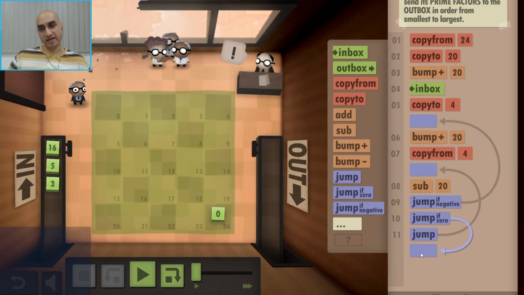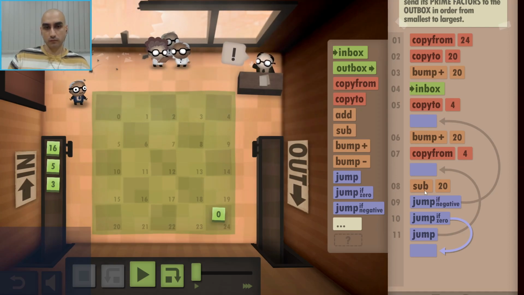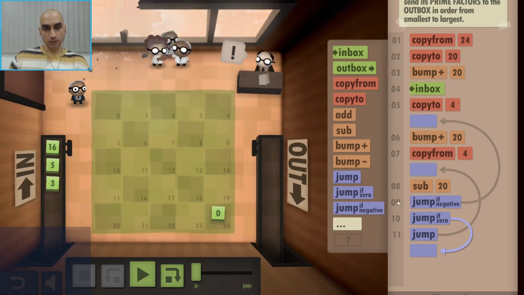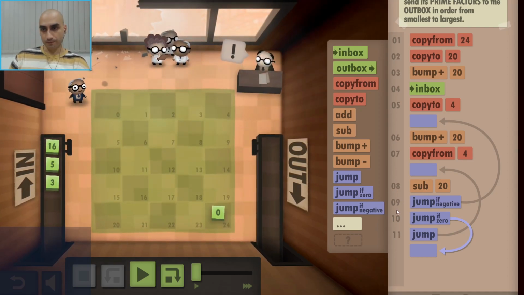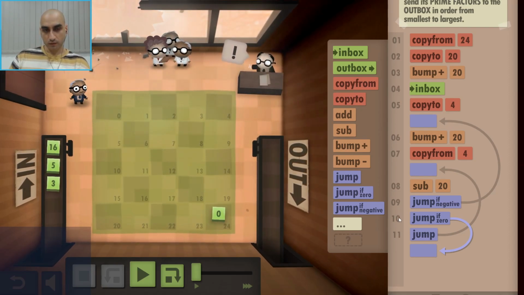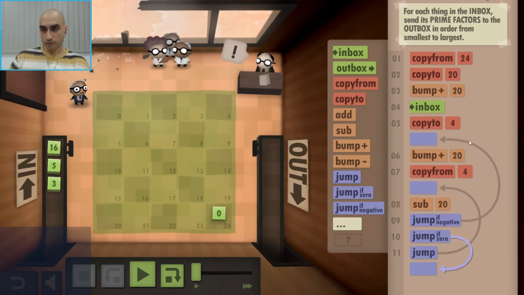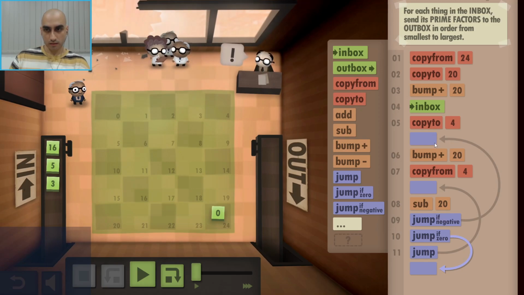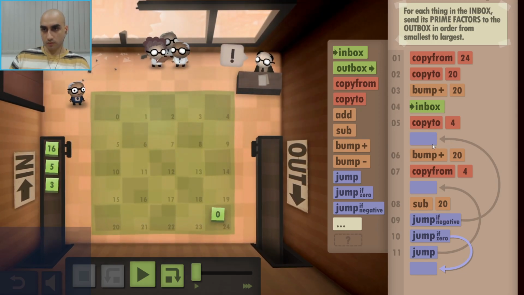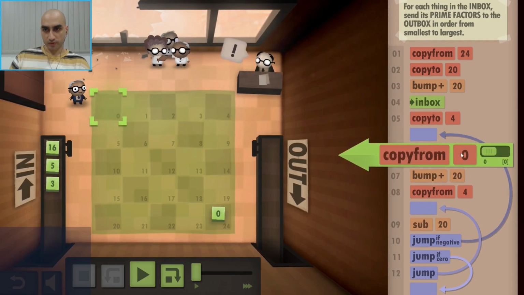We need to count how many subtractions we did. So, let's say we put a 0.